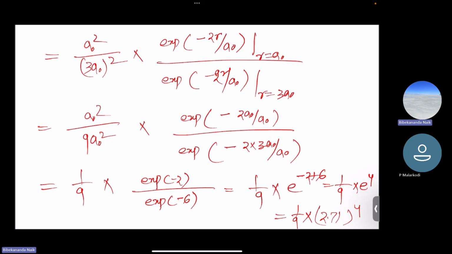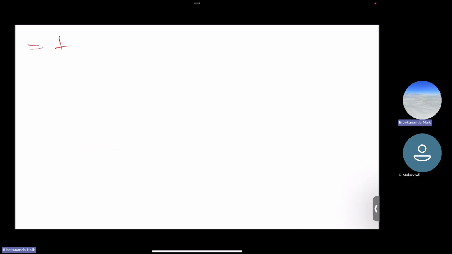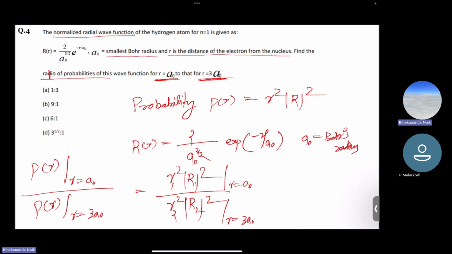It is 53.9. So if you take it to the nearest integer, it will be 1 by 9 into 54. It is 54 by 9, that is 6 is to 1. So the correct option will be option C, that is 6 is to 1.